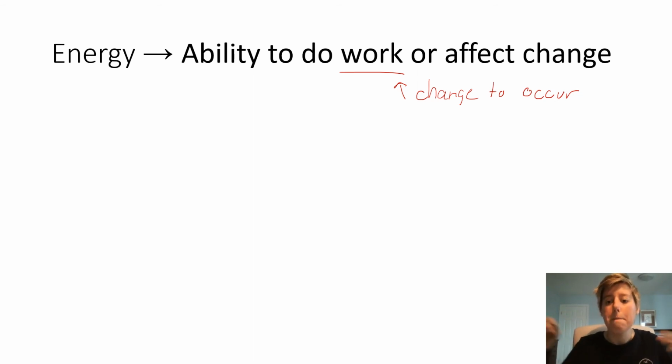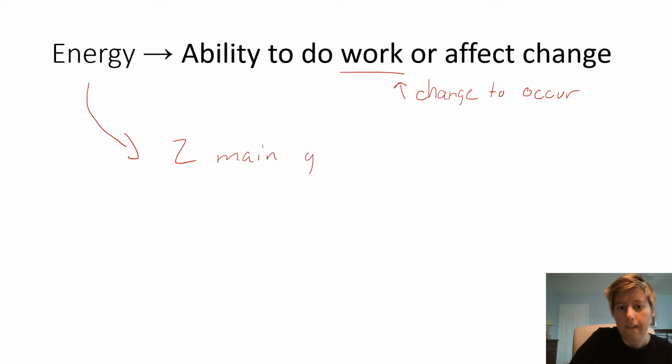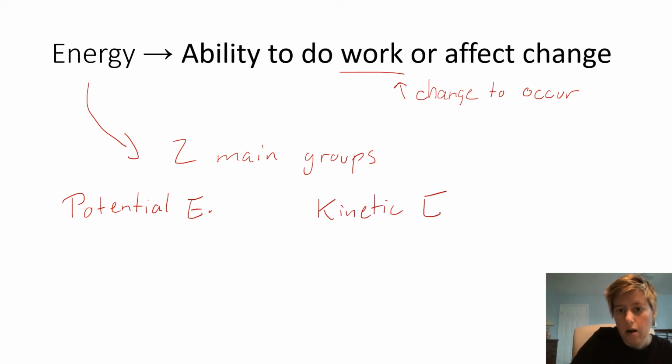Now, there are multiple forms of energy, and we can basically subdivide them into two main groups. And these groups are potential energy and kinetic energy. Now, when we're talking about potential energy, we're talking about energy that is stored.